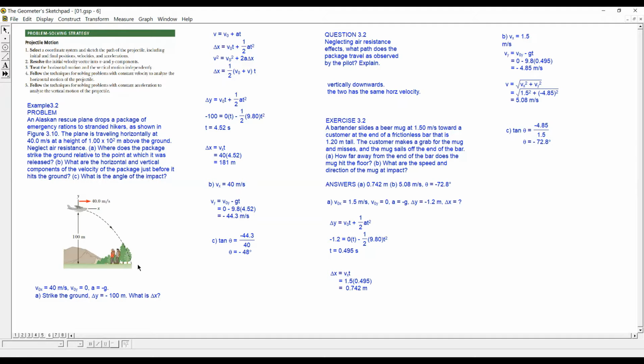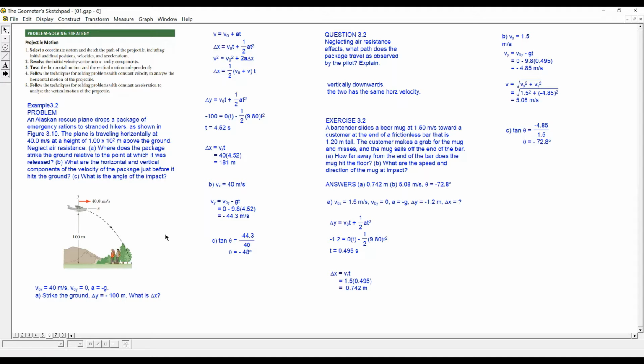So when it reaches the ground, the vertical displacement is negative 100. And the horizontal one, we don't know, unless we know the time taken, then we multiply with the horizontal component, then we will know the horizontal distance traveled.